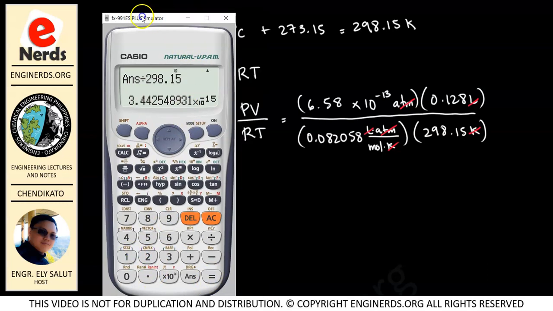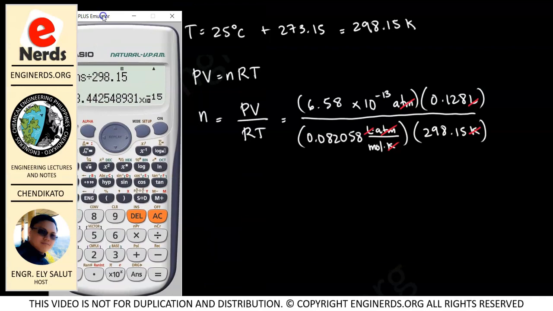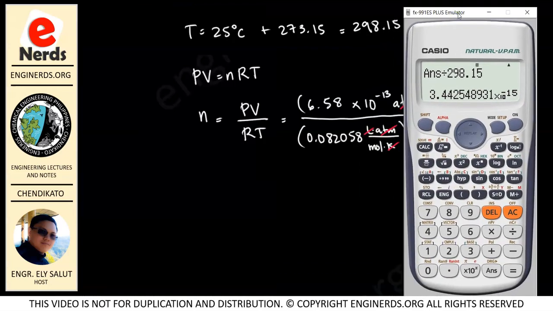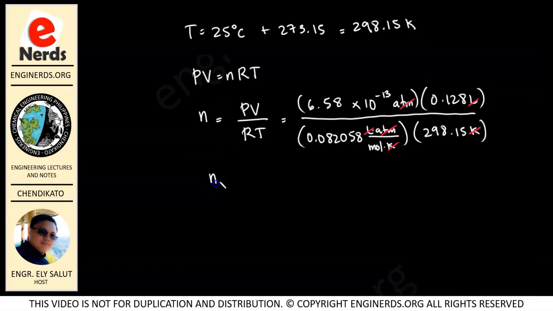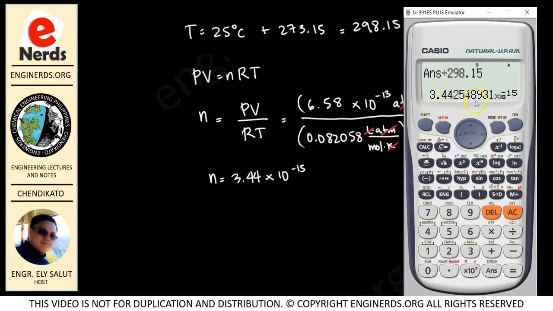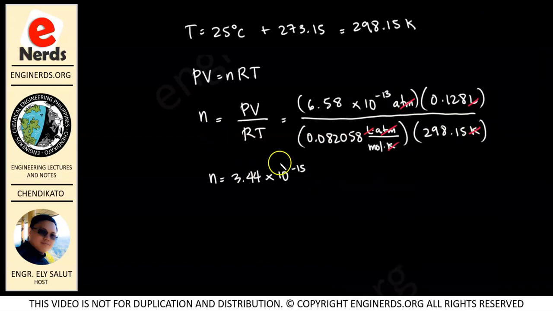So we have our n. Okay, so our n is equal to 3.44 times 10 to the negative 15. Again, 3.44 times 10 to the negative 15 moles. Okay, so this will be in mole.